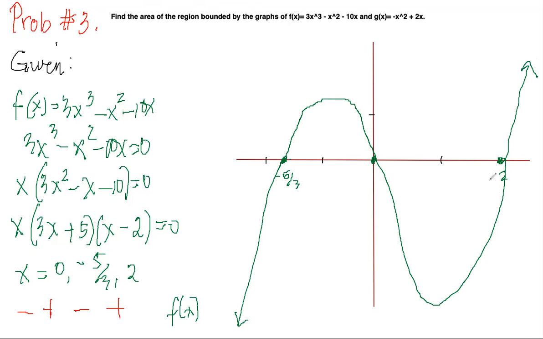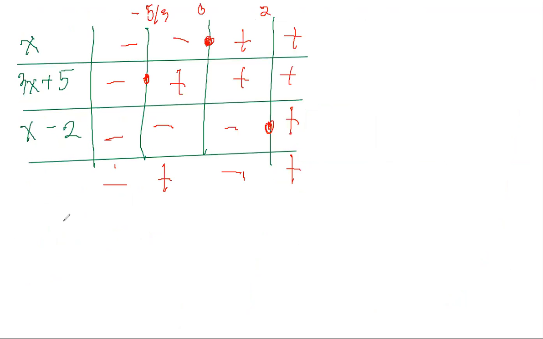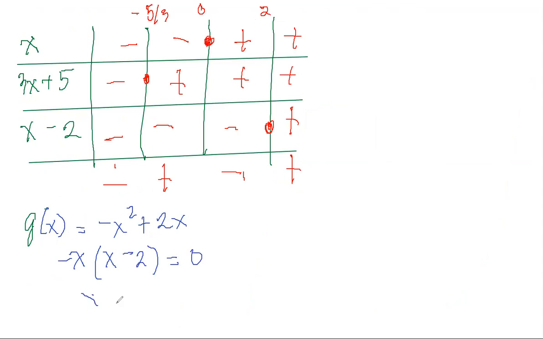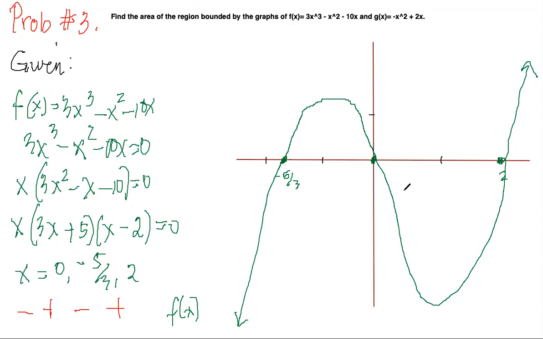Let's sketch the second function g of x, that's negative x squared plus 2x. Let's use another color, the blue one. This is a parabola, so we have negative x times x minus 2 equals 0. So x equals 0 and 2. So let's sketch the graph, 0 and 2.